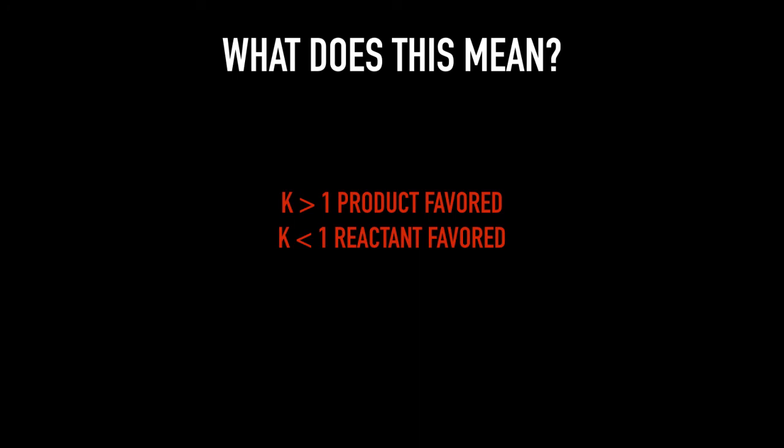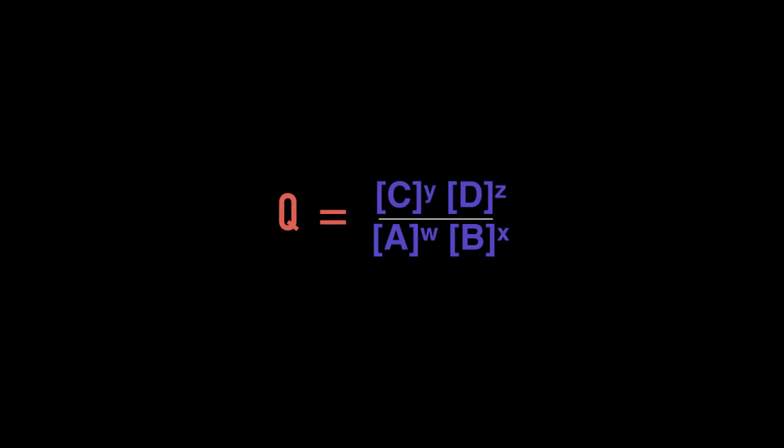Now we have another thing called a reaction quotient. A reaction quotient Q is indicated by this expression. Looking at this expression, it looks exactly like what we had with our equilibrium constant. What makes it different is that it can be described at any time during the reaction, whereas the equilibrium constant can only be described when the system is at equilibrium, hence the name.